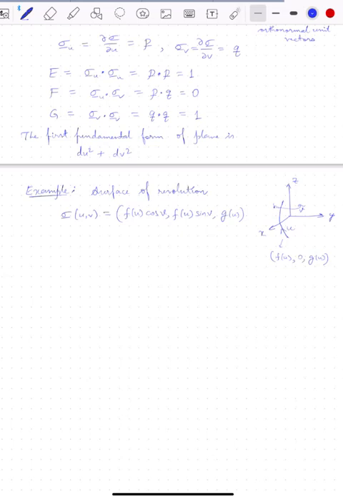And we are also given that the profile curve is unit speed. So which means that the unit speed implies that we have f dot squared plus g dot squared is equal to 1, right?